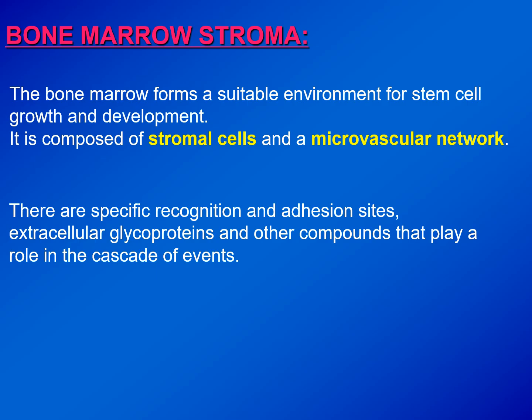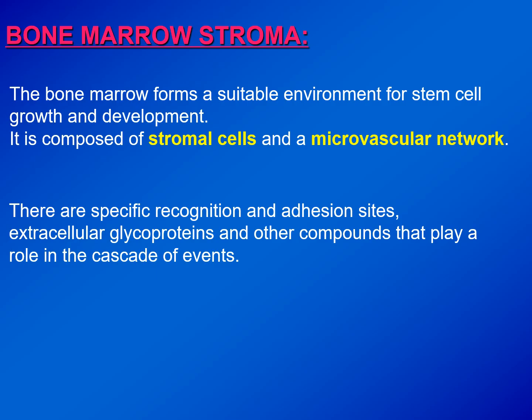The bone marrow stroma is essential for hematopoiesis. Bone marrow forms a suitable microenvironment for stem cell growth and development, and it's composed of stromal cells and microvascular network. There are specific recognition and adhesion sites, extracellular glycoproteins, and other compounds that play a role in the cascade of events.